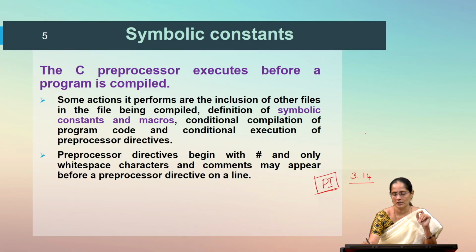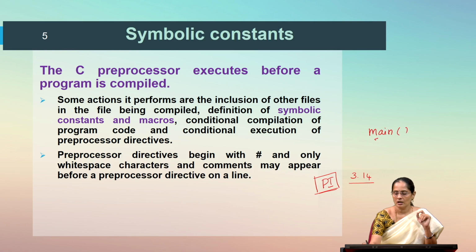We can declare symbolic constants through C preprocessor directives. We call it a preprocessor directive because we are supposed to assign these constants prior to the compilation. The compilation of a C code starts from the main module, or when I give the main function.